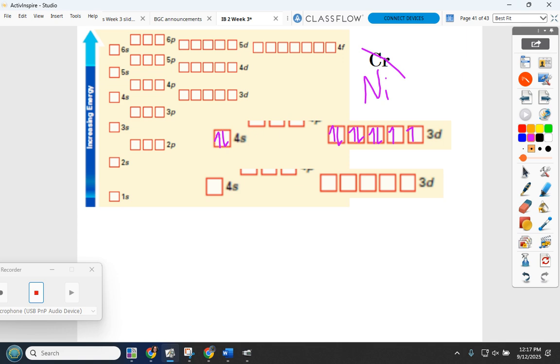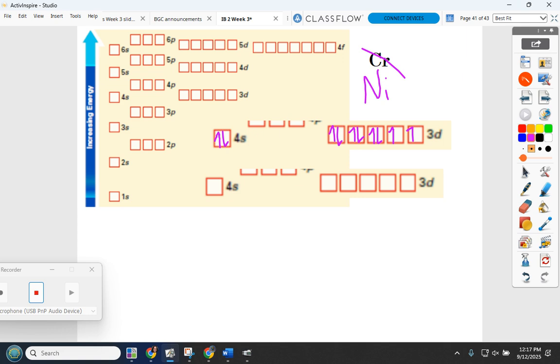It has to do more with the shielding from the 4s electrons to the nucleus, and I don't want to talk too much about the details of why, but once you have electrons in 3d, then it's easier to remove them from the 4s.